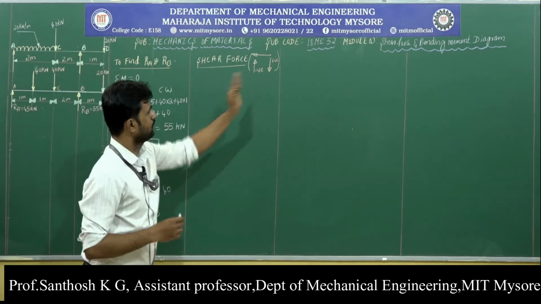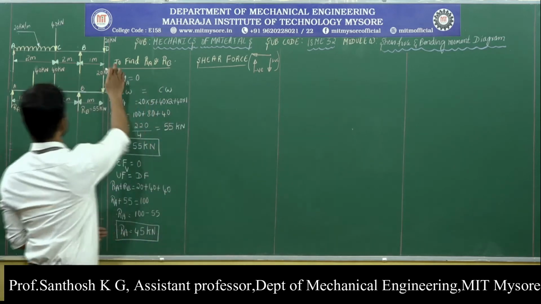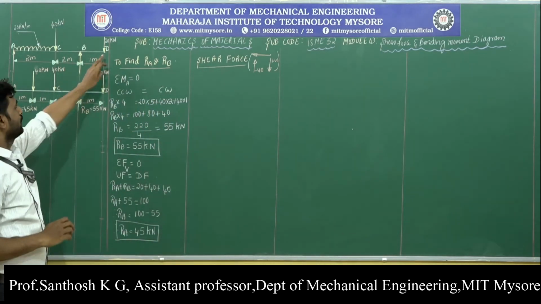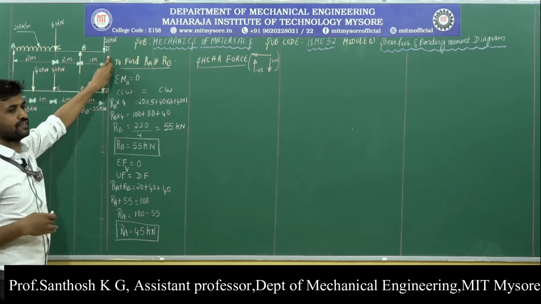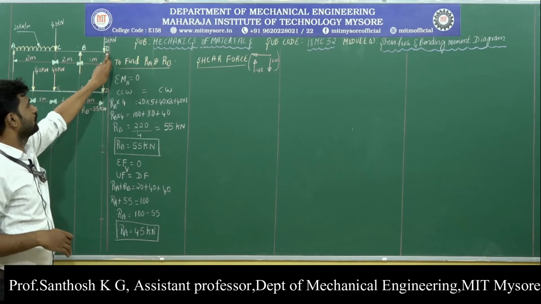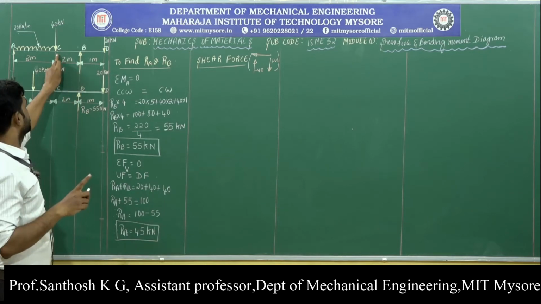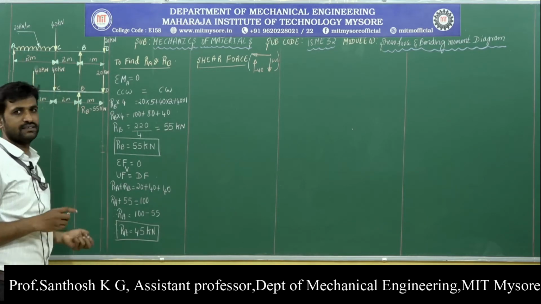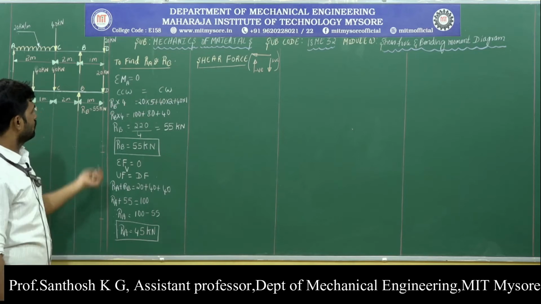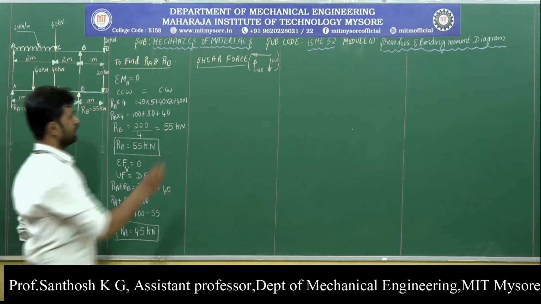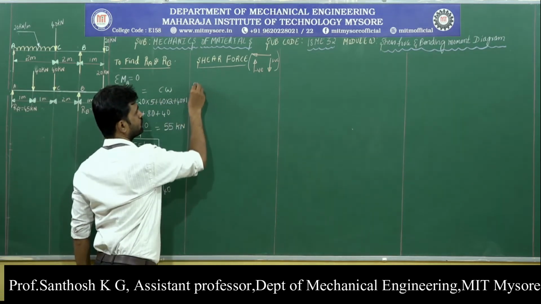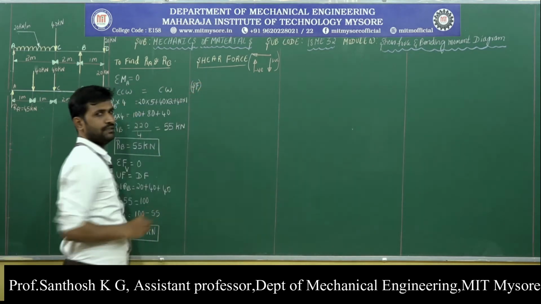When we move from the right side to the left, the points we get in sequence are: first D, second B, next C, and next point A. We need to find the values of shear force at these salient points.